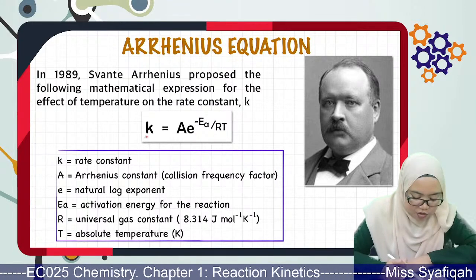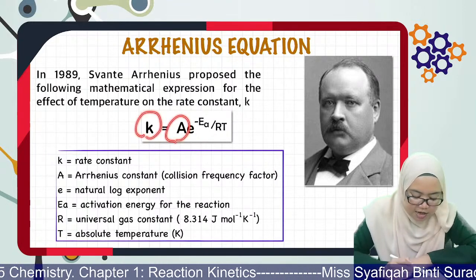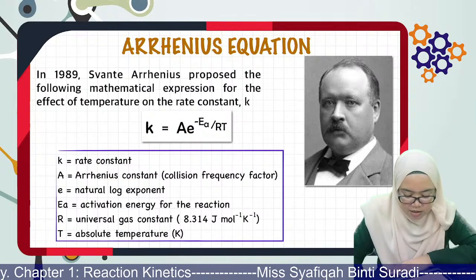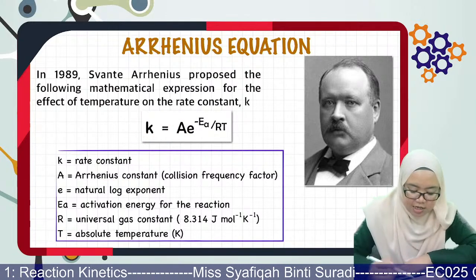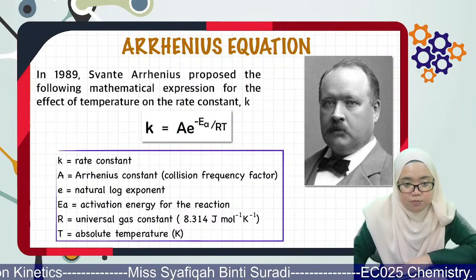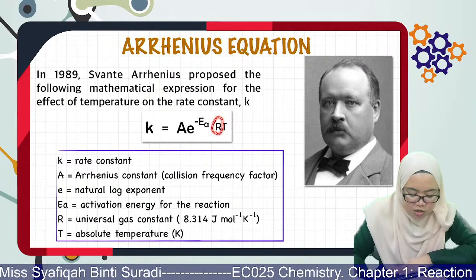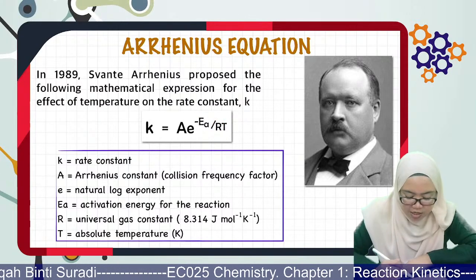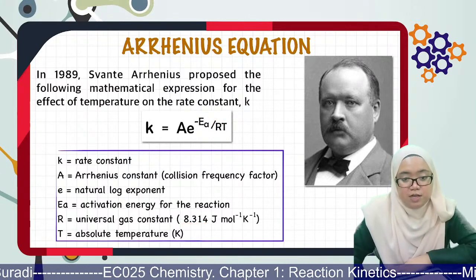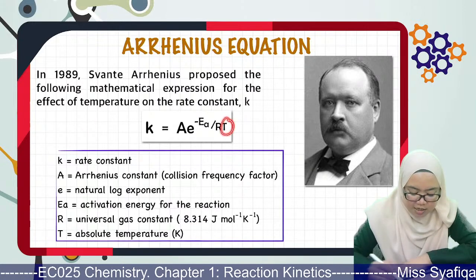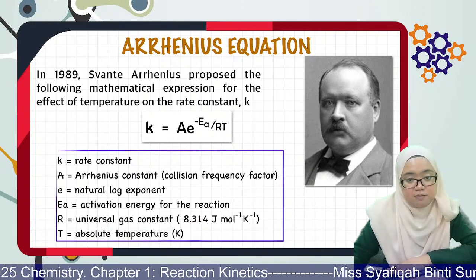So K kita ni rate constant, A kita adalah Arrhenius constant yang menunjukkan frequency factor. Okay, e ni adalah natural log exponent, Ea ni activation energy, R is gas constant. Kita ambil 8.314 joule per mole per Kelvin. And T ni adalah absolute temperature in Kelvin.